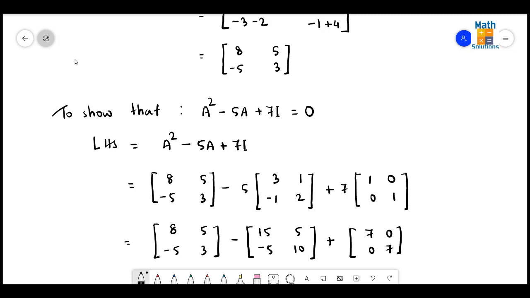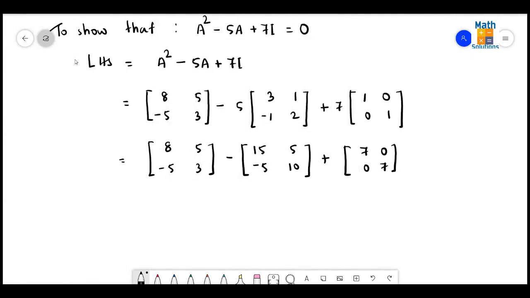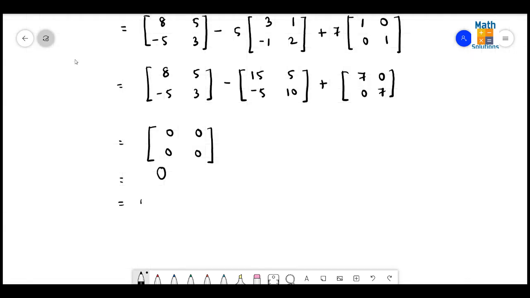Then after performing complete simplification, the answer to be obtained here is ultimately 0, then after 0, then again 0 here, then after what do I get? Again 0. So ultimately this gives result of a null matrix that is equal to the right hand side. So the first part is already proved.